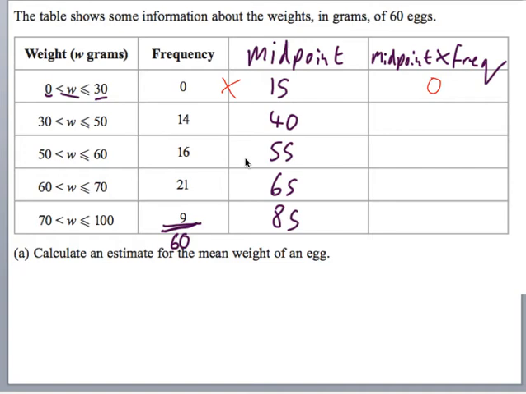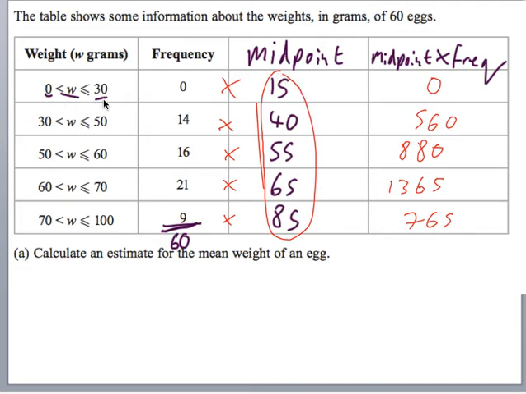And then I do the same for all the columns. 14 times 40 gives me 560. 55 multiplied by 16 gives me 880. 21 multiplied by 65 gives me 1365. 85 times 9 gives me 765. So just to recap, first I found a midpoint column, the midpoint values of these class intervals, and then I've multiplied the frequency by the midpoint.